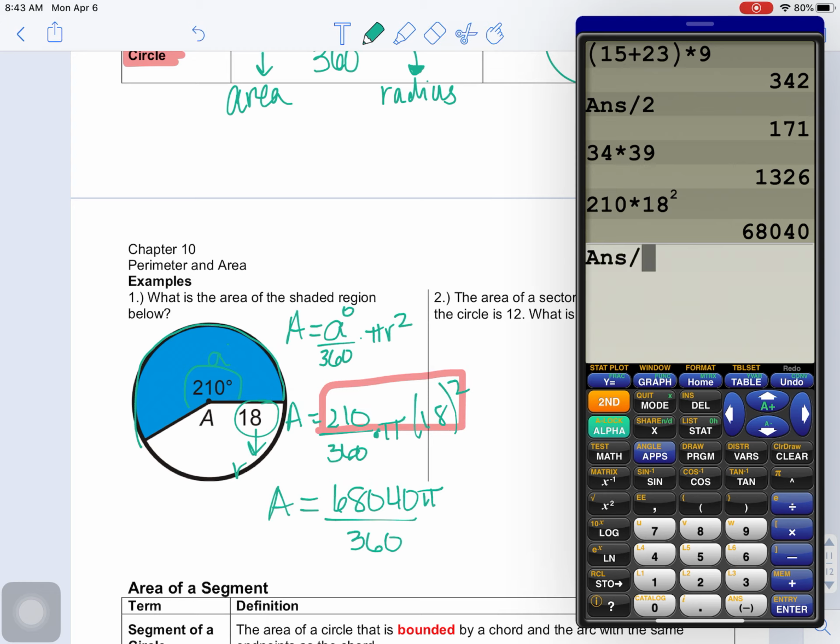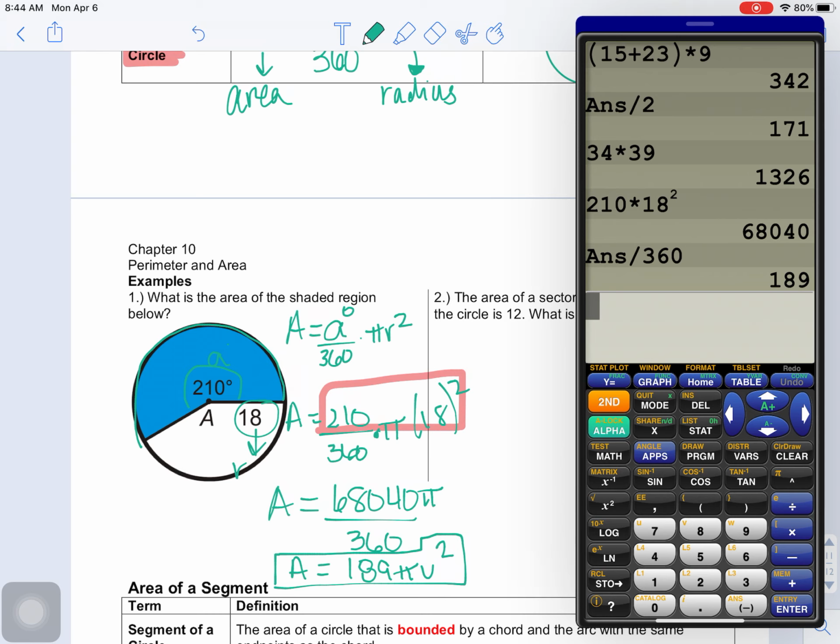And my last step is to divide by 360 to simplify my answer. So I get that the area of that sector is 189 pi units squared. Go ahead and take the time to make sure that you can enter that properly into your calculator.